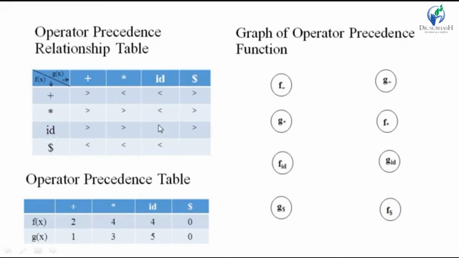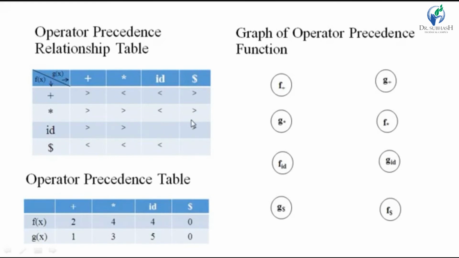ID ID has no relationship. ID dollar, ID priority is higher. Dollar plus, priority of plus is higher. Dollar star, star higher. Dollar ID, ID higher. Dollar dollar has no priority. This is your operator precedence relationship table.